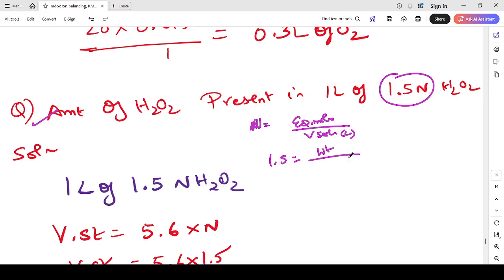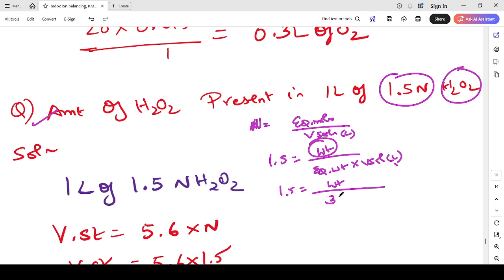Equivalent moles is weight divided by equivalent weight. They are asking for this weight. What is equivalent weight? Molecular weight divided by n factor. The molecular weight of hydrogen peroxide is 34. The n factor of hydrogen peroxide is 2. So just substitute it. Volume is 1. Get the value of weight of hydrogen peroxide here.